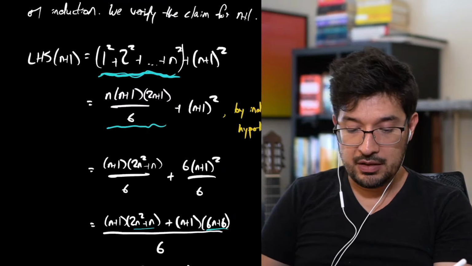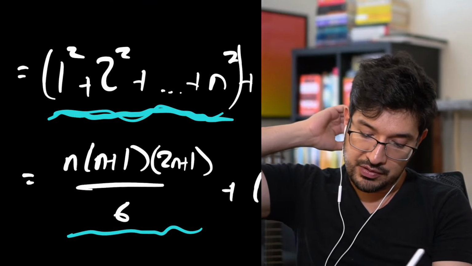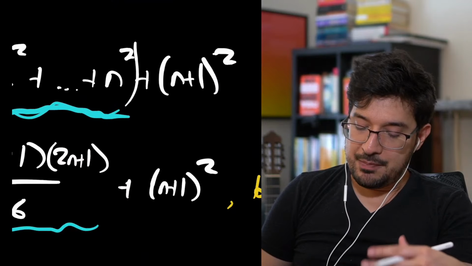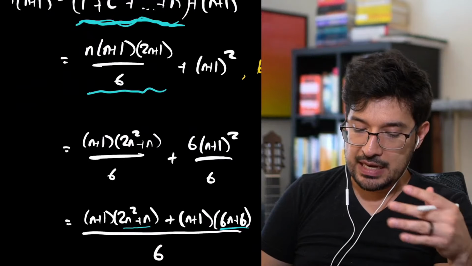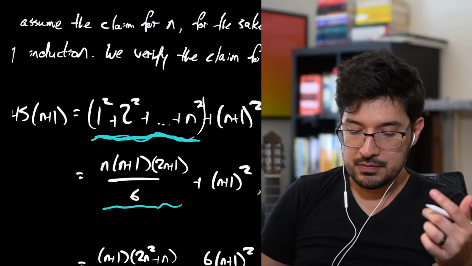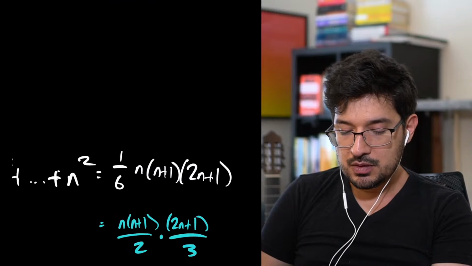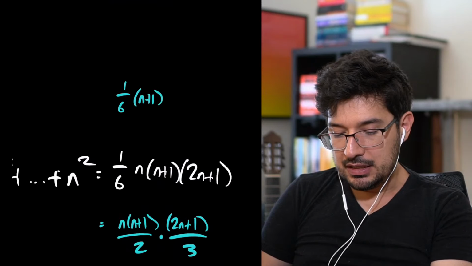Because we assume that the sum of n squares is this, now we want to see what happens if we add n plus 1 squared to it. Does the claim end up being true for n plus 1, which would be this?